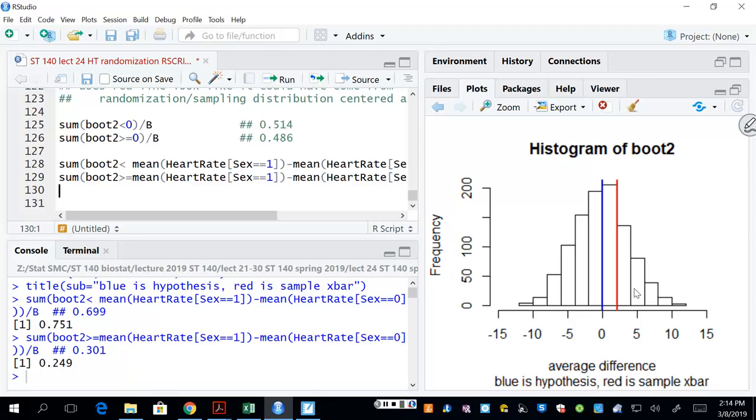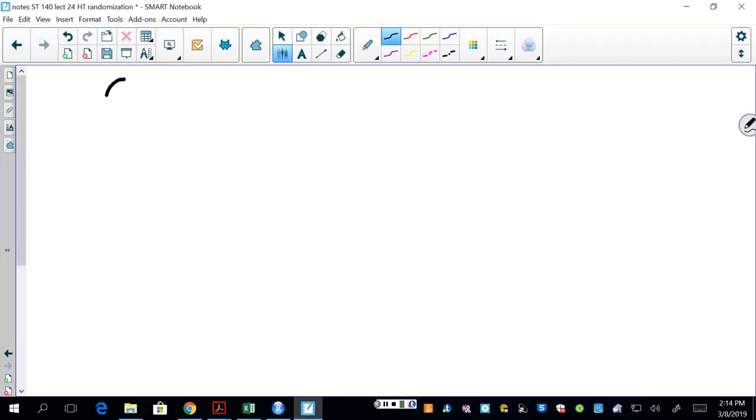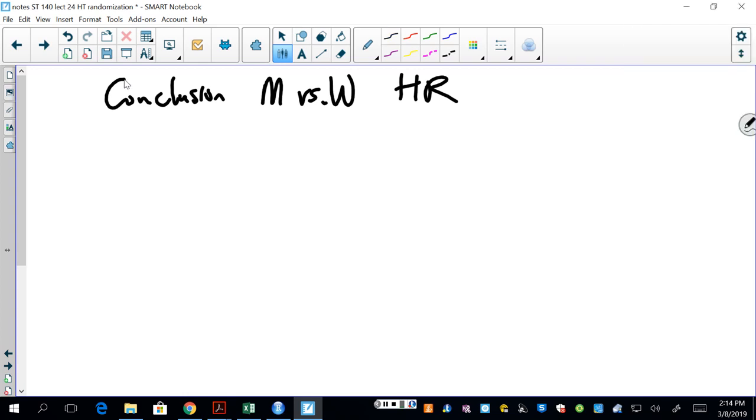Any questions? So the conclusion of this one, for men versus women's heart rates: we do not reject the null hypothesis.